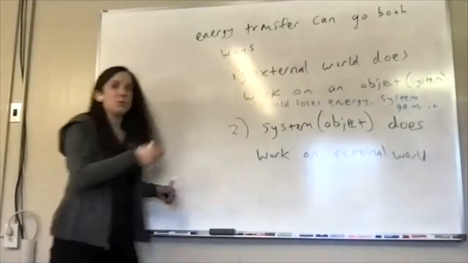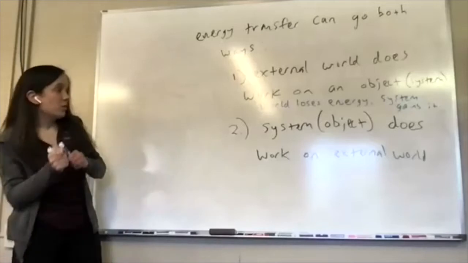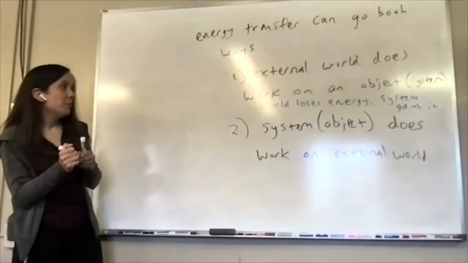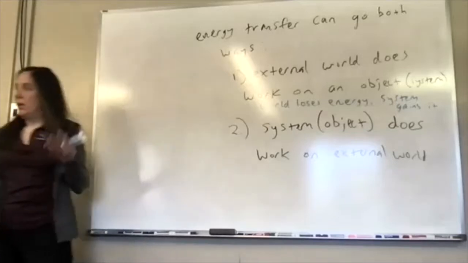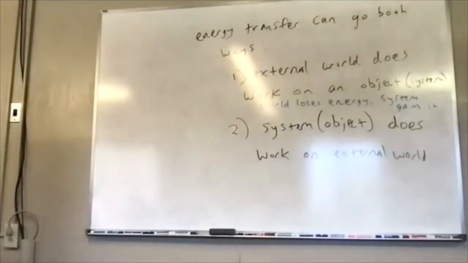So for the first condition, when the external world does work on a system, the world is giving energy to the system. And it's just like with money. You can't make money out of nothing. You either have money or give it away to somebody else, but that money is not created. It's only transferred between two people. If I give money to somebody else, I've lost, say, $20, but somebody else has gained $20. It's always a zero sum where whatever I've lost, somebody else has gained.